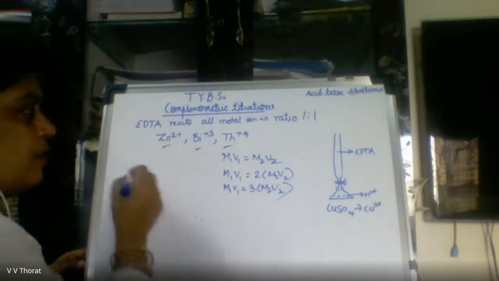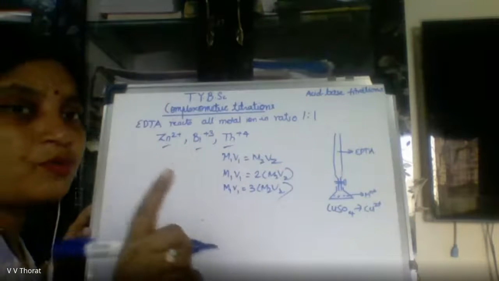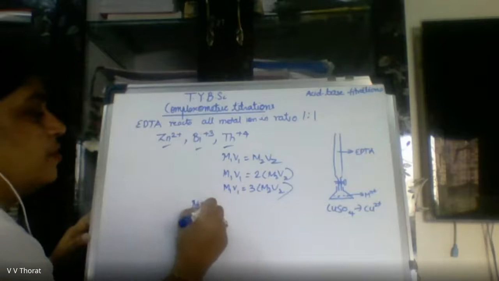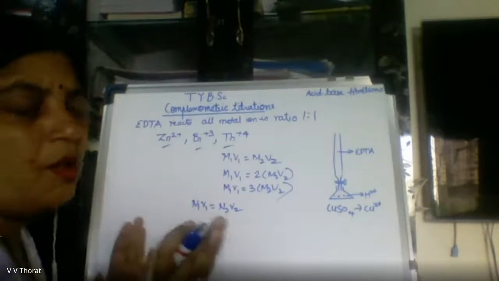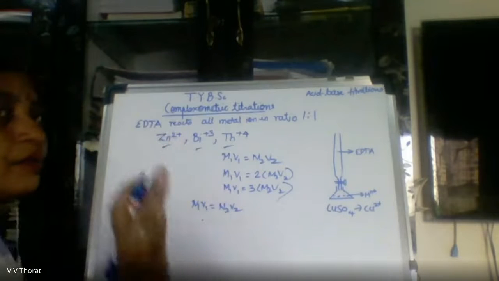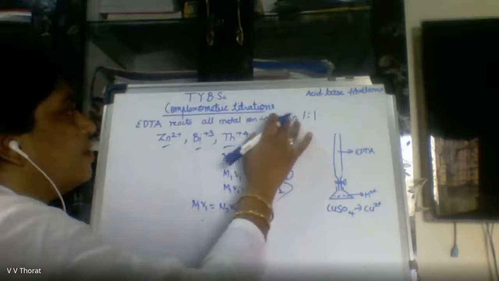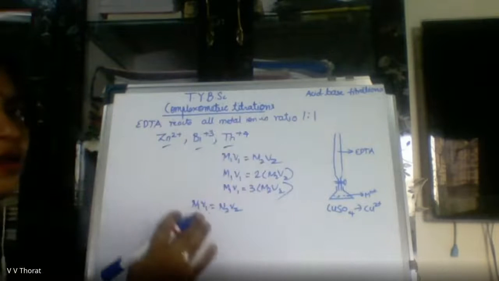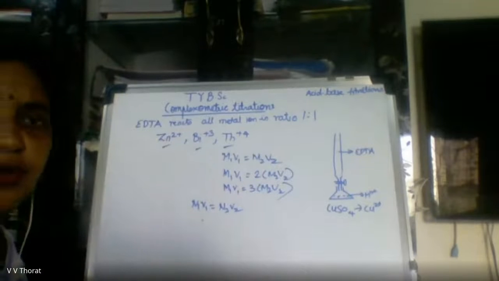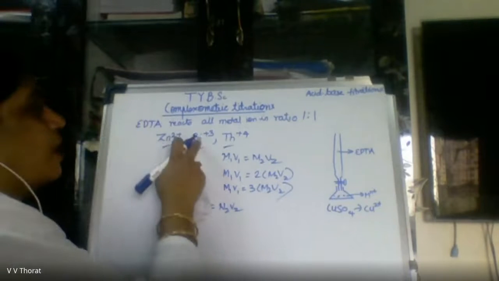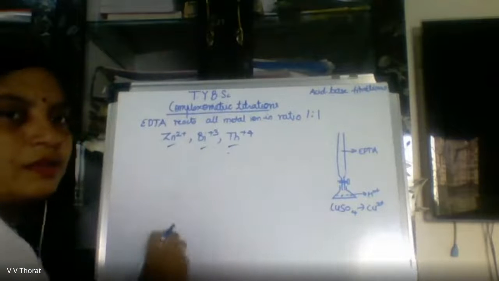But I don't know whether I'll explain that in the calculation chapter. Here, only understand the concept: EDTA reacts with all metal ions in the ratio 1:1, so it will always be M1V1 is M2V2, whether divalent, trivalent or tetravalent.